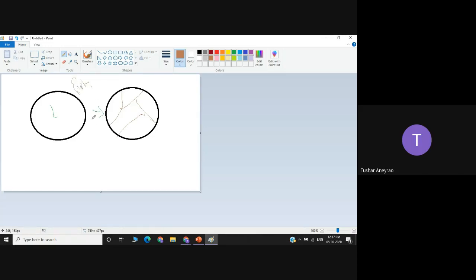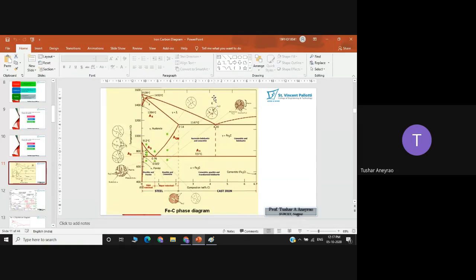So now in this particular eutectic reaction, what is exactly happening? Whenever we are reaching this particular point, at the 4.3% carbon percentage, and when we draw a tie line through that, at that time what is happening? This Fe3C and austenite is getting nucleated and the crystals are getting formed simultaneously.